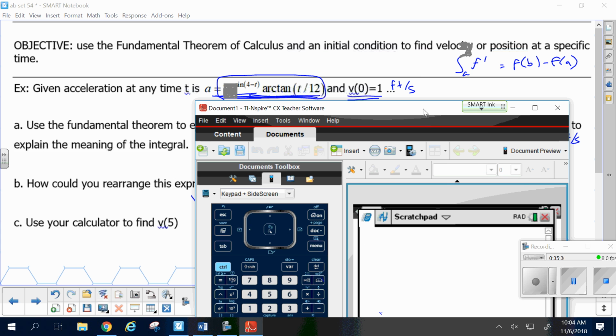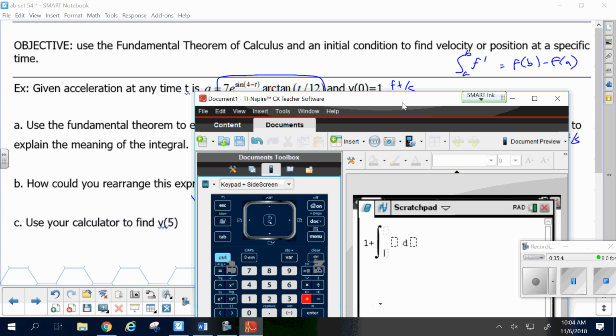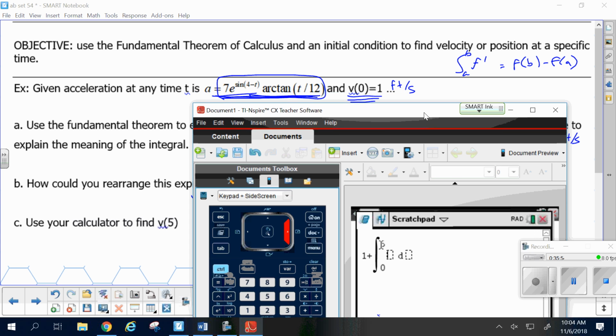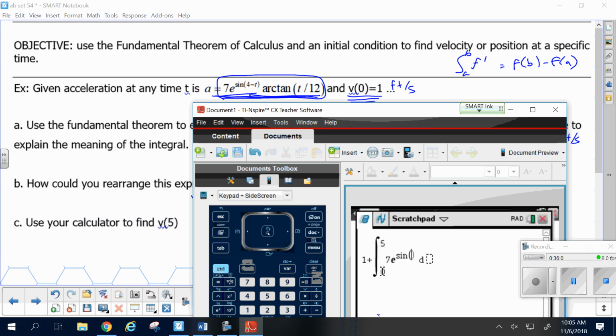Okay. So first plug in the initial v at 0 is 1, yeah? So 1 plus, how do I get a definite integral? Shift plus. Okay, from when to when? 0 to 5. Now here's where entering it is tricky. Make sure you do it well. 7e to the sine.